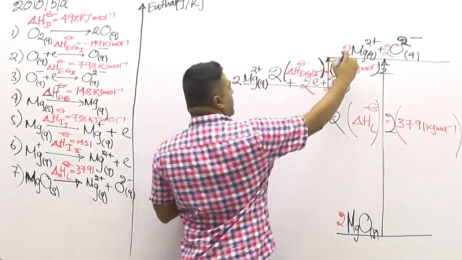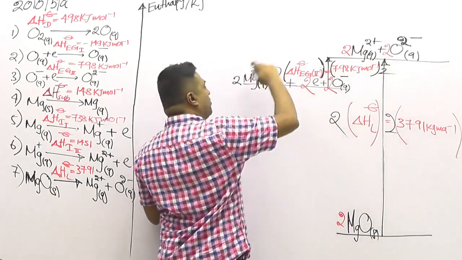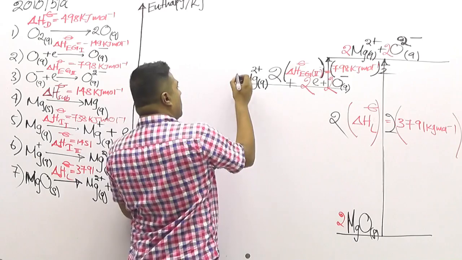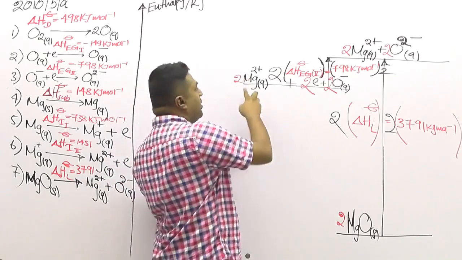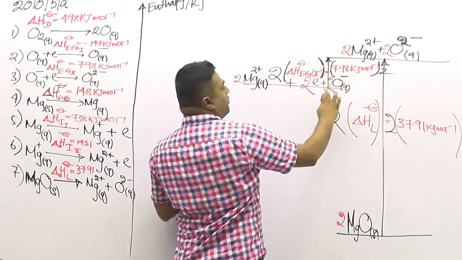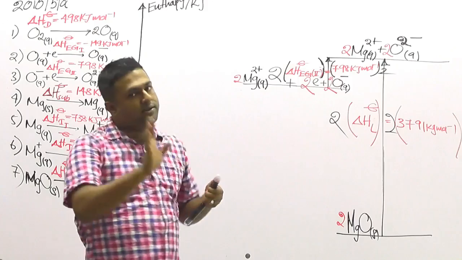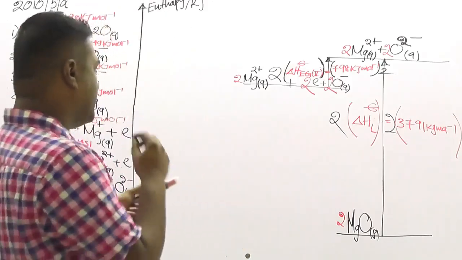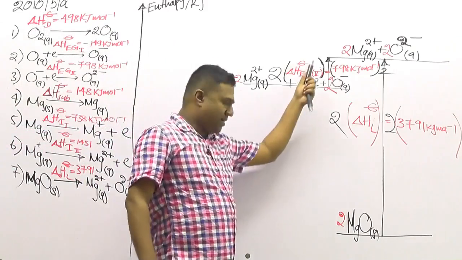In this step too, 2 Mg2+ has to be here, then 2 O minus and 2 electrons. It is a charge balance again.